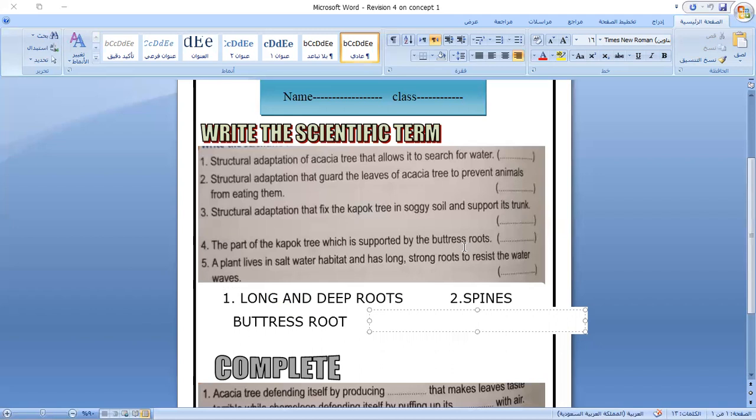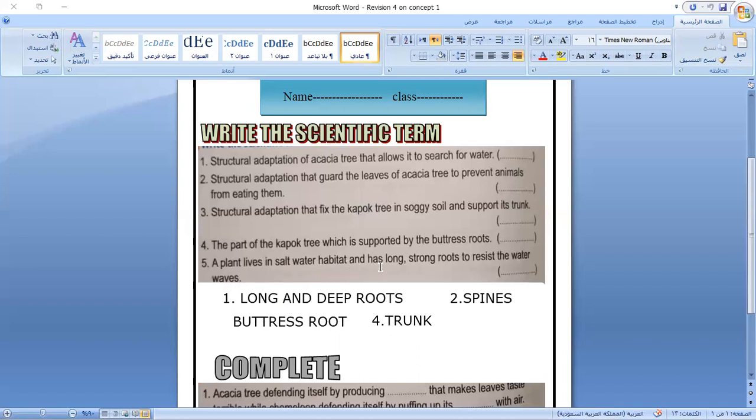It supports the trunk so the plant becomes more firmly fixed in the soil. So the buttress root here helps the trunk to be fixed in the soil. So number 4 will be trunk. Okay.